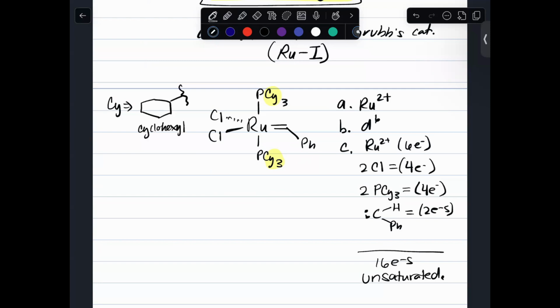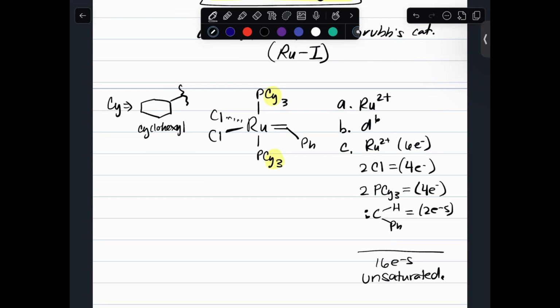And if you don't remember, we talked about Cy cyclohexyl groups on boron when we were forming enolates for aldol reactions. Cy groups are really bulky. They typically give you the E enolate over the Z enolate, but I know that was a while ago. So just a quick reminder, Cy means cyclohexyl.